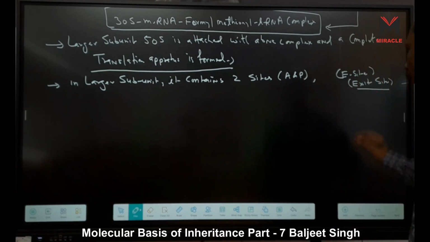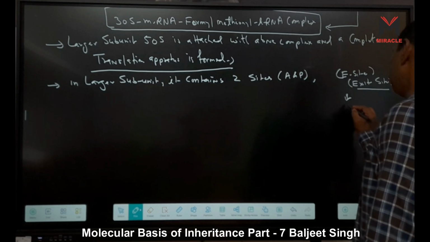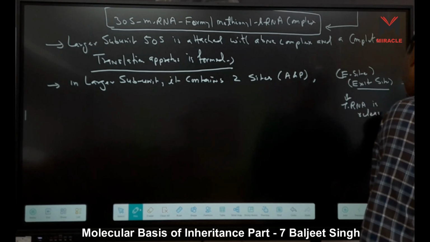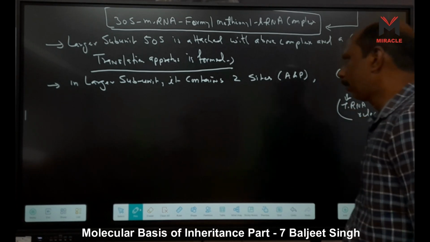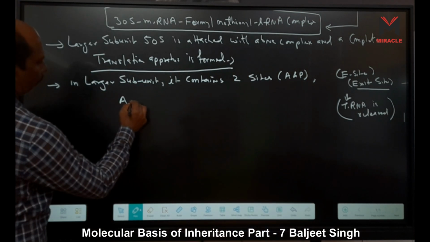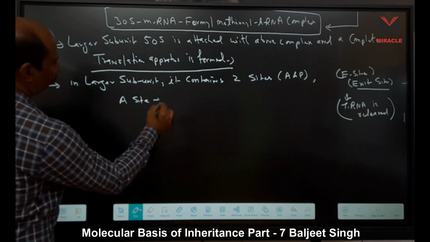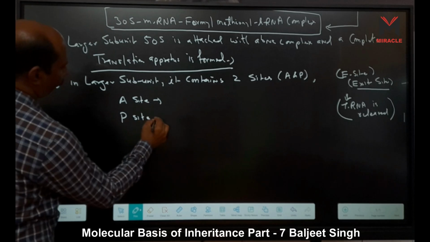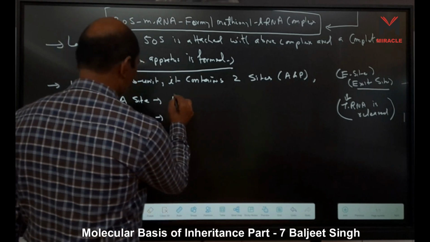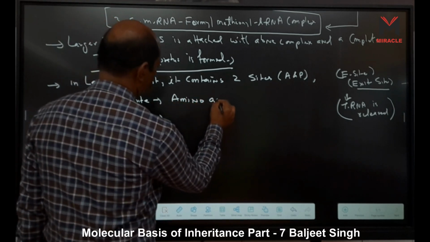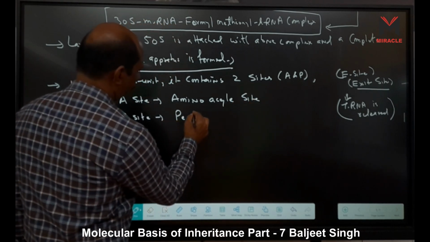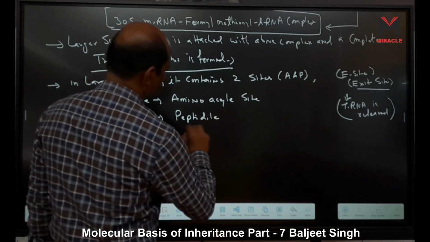Exit site means from this site, the transfer RNA is released, right? A site means aminoacyl site, and P site means peptidyl site.